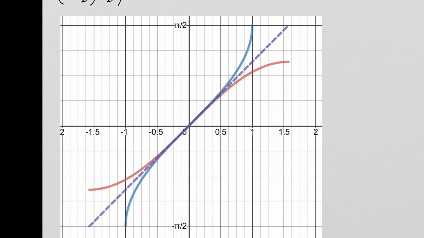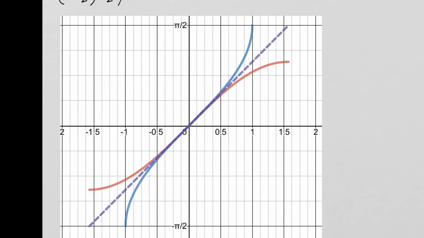So in this case, the blue curve here is my inverse sine function, or my arc sine function. And notice that the input to the inverse function, the arc sine, can be between -1 and 1. That was the same as the output of the original function, so now it becomes the input. The domain and range switch. And then the output of that blue function is going to be your angle. So it's going to be between negative pi over 2 and pi over 2.